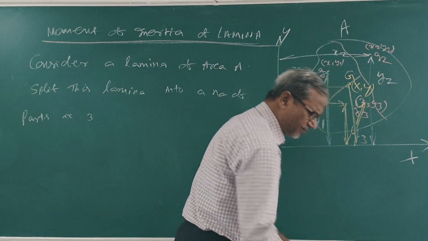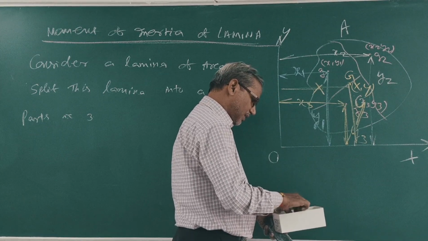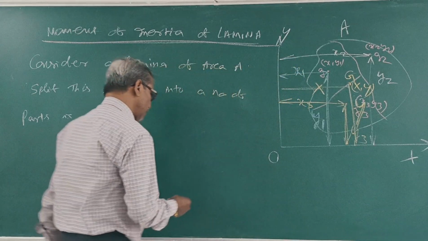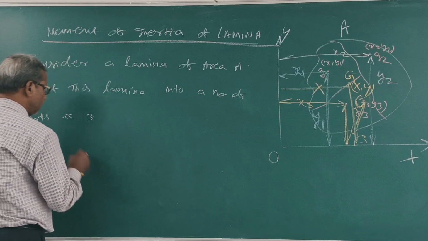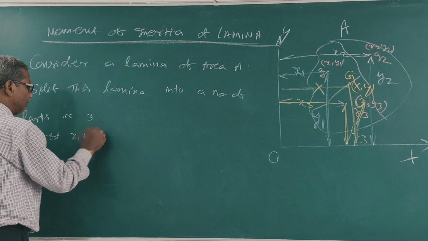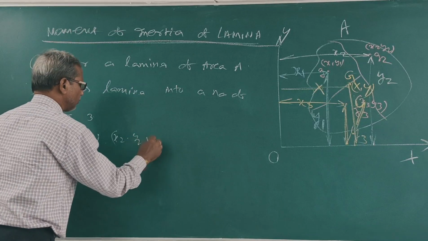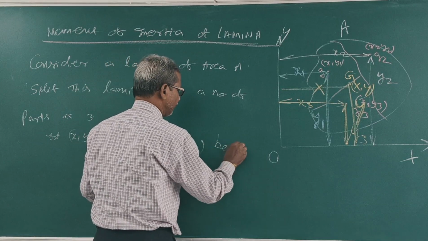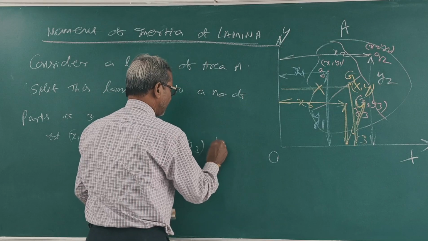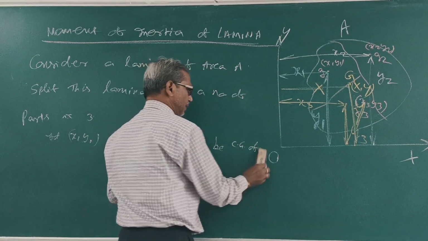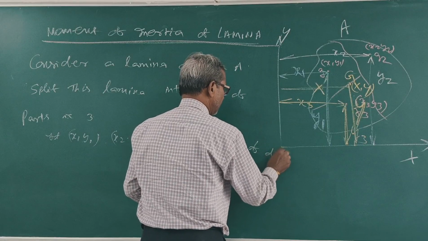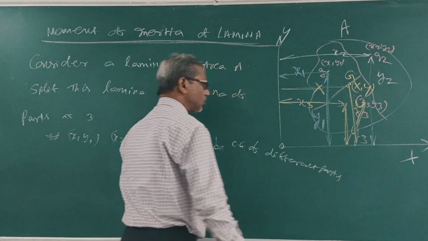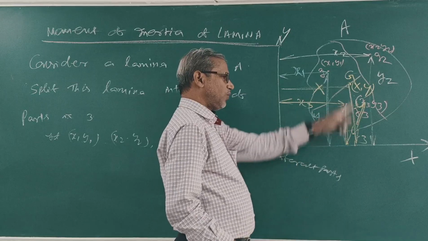Clear? Let x1 y1, x2 y2, x3 y3 be the CG of the different parts. Clear? So this is y1, y2, y3.